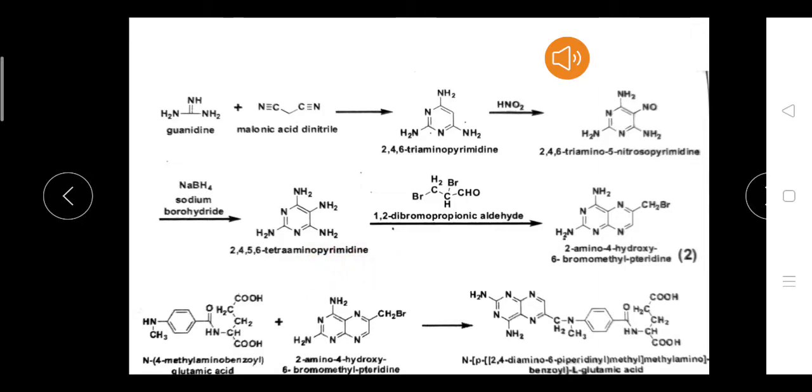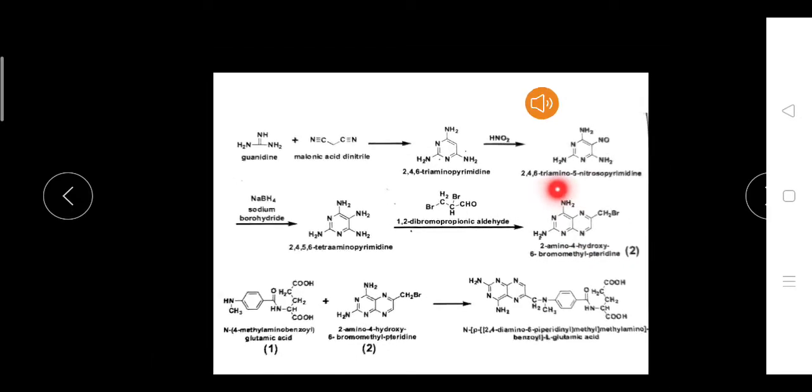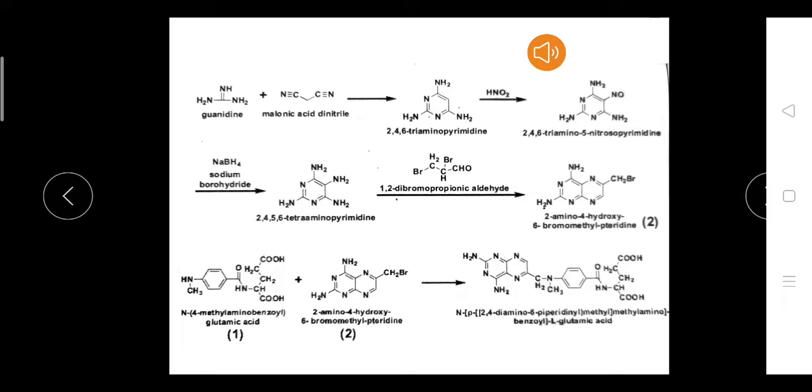This product, upon reacting with 1,2-dibromopropionic aldehyde, the product of attaching bromine to acrolein, gives 2-amino-4-hydroxy-6-bromomethyl pteridine.